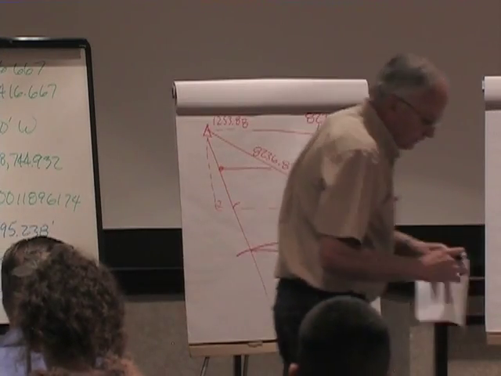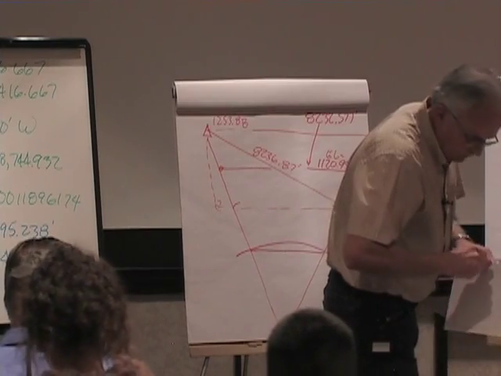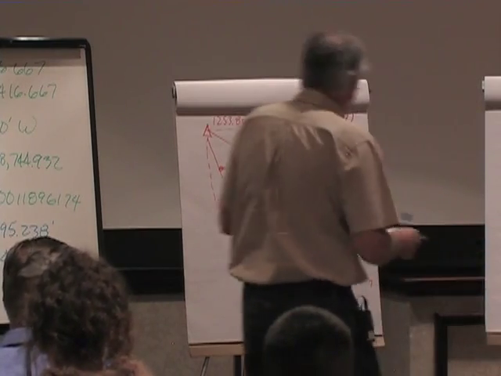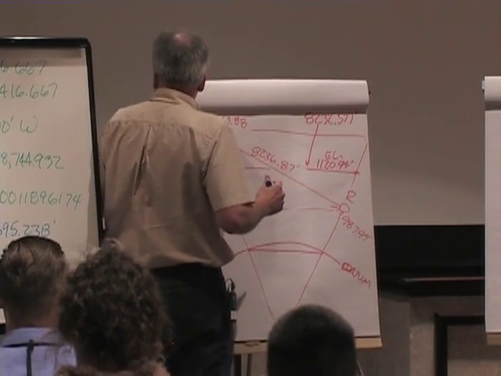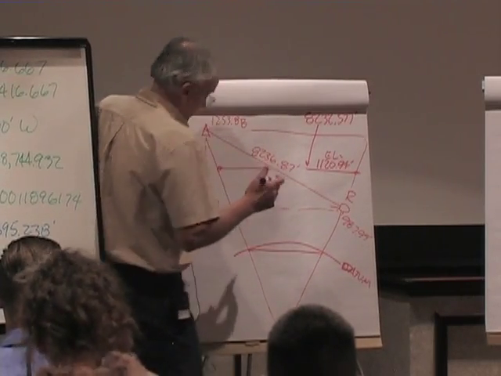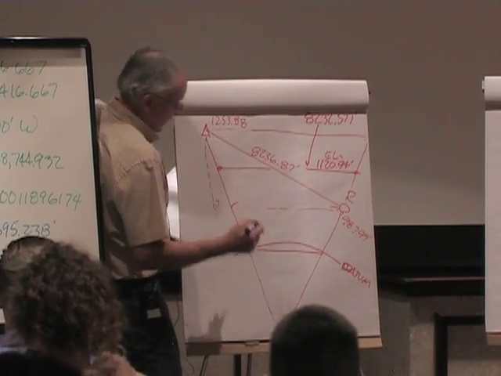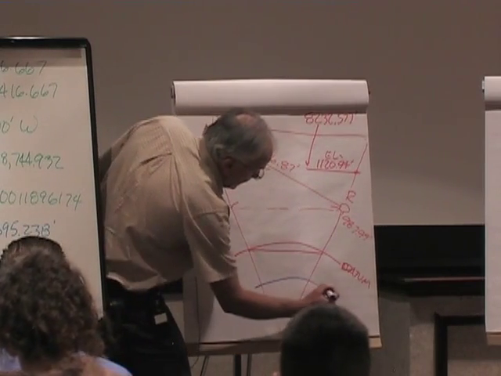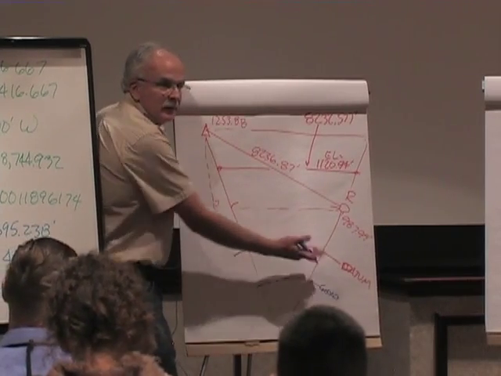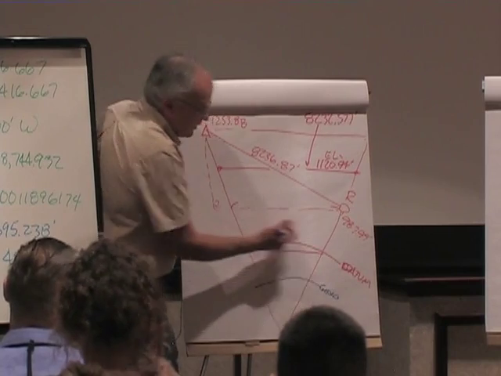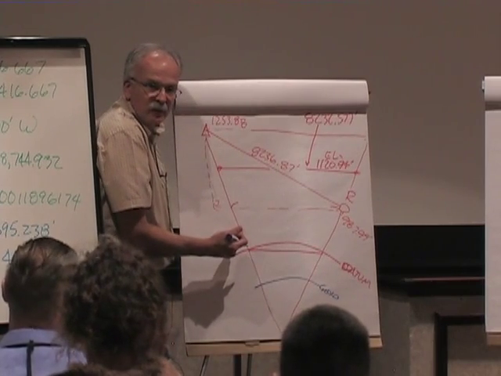To do that, based on David's conversation this morning, we have the geoid down here, and the ellipsoid or the datum is above that. Remember he was talking about that in North America?